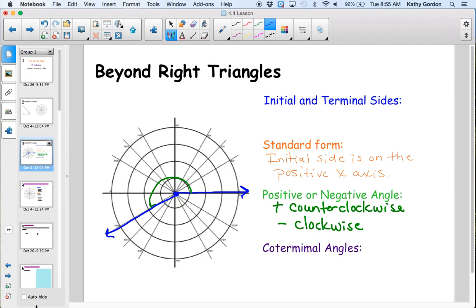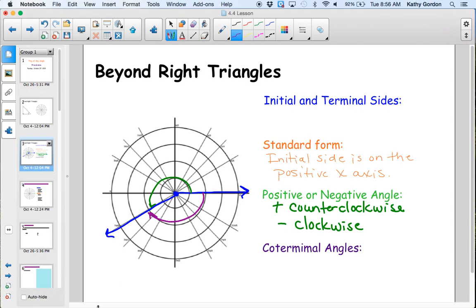Coterminal angles mean exactly what they say. They are two angles whose terminal sides end up in the same place. Okay. So for example, if this is the angle that I'm talking about, and I ask you what is a coterminal angle, one possibility would be to look at the negative angle that ends in the same exact place.